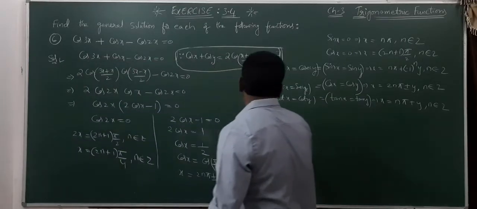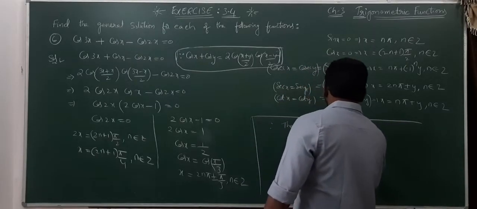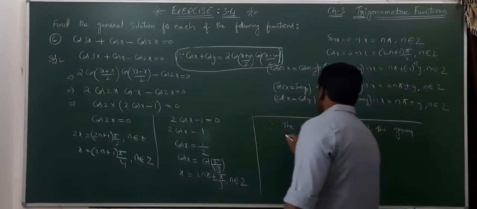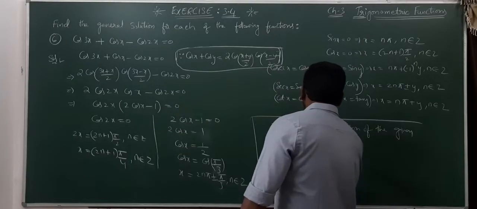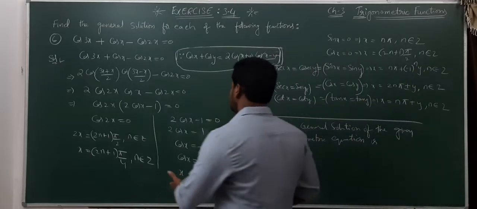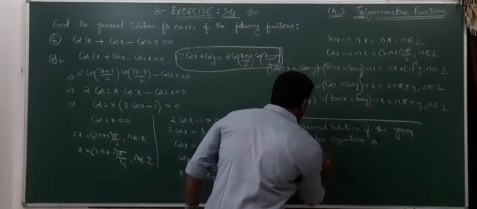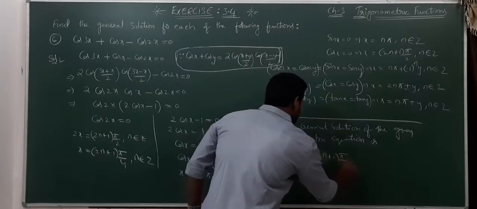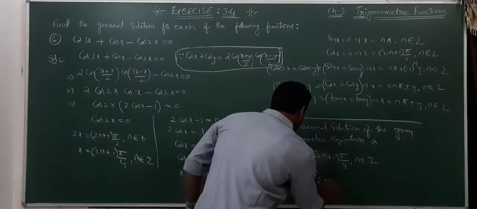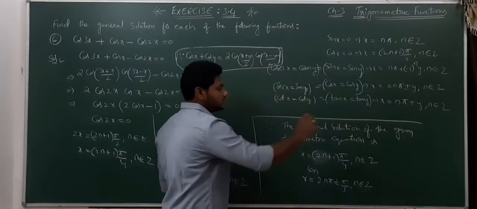Therefore, by combining, how can we write the conclusion? The general solution of the given trigonometric equation is: x equal to (2n plus 1) into pi by 4, n belongs to Z, or x is equal to 2n pi plus or minus pi by 3, n belongs to Z. So this is the conclusion we need to write.